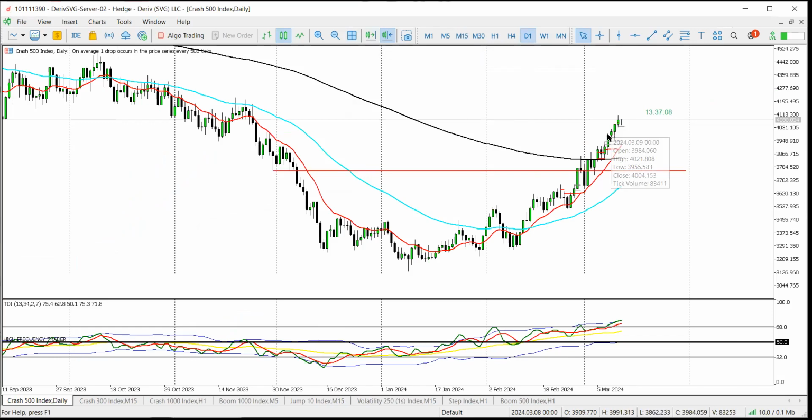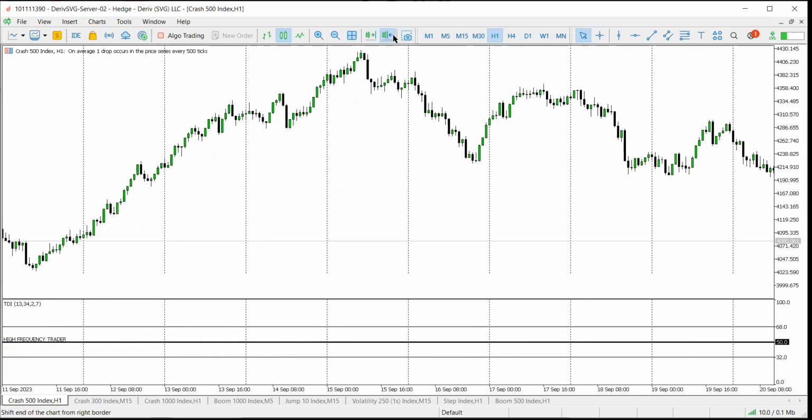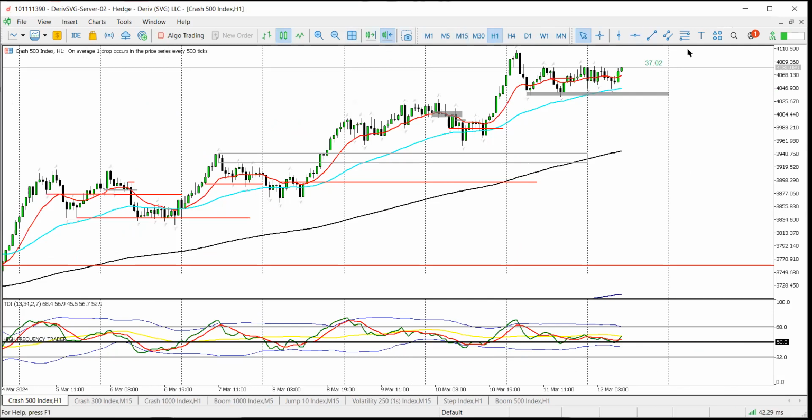Daily is still strong bullish. So you just know the reversal is not yet there based on my point of view, but we might potentially reverse because this market is going sideways after that push up. So a reversal could happen soon. We might get price taking out liquidity here first, then the reversal pattern might form also.